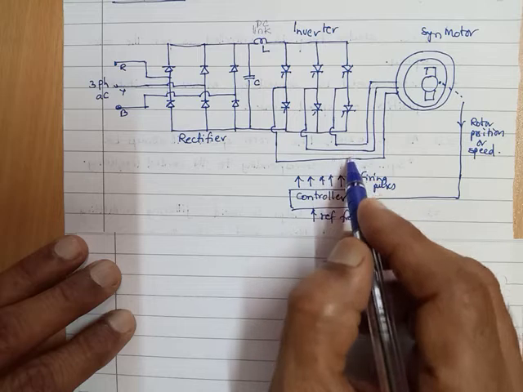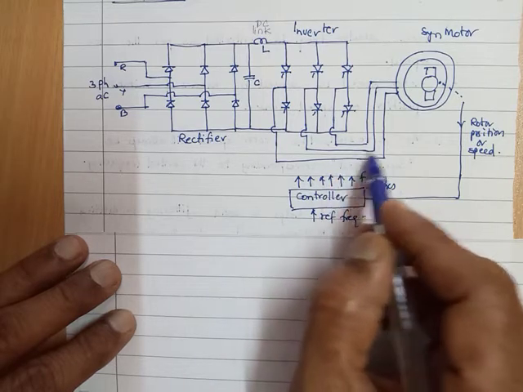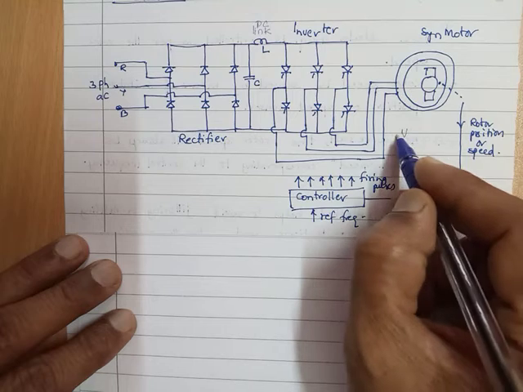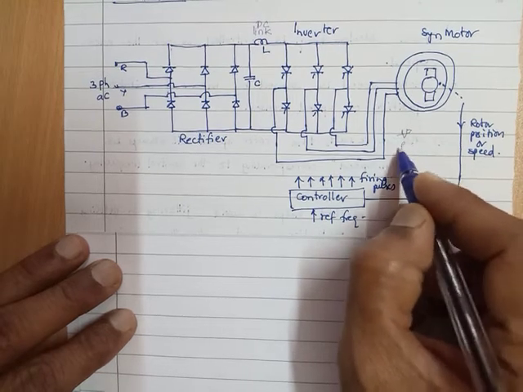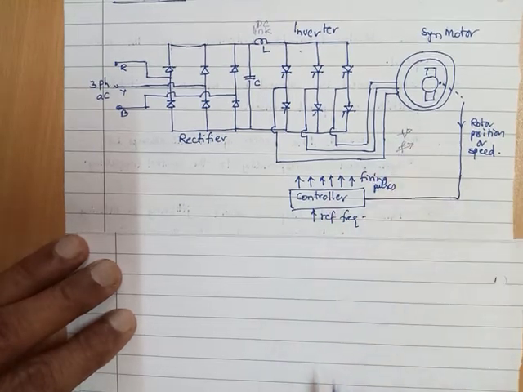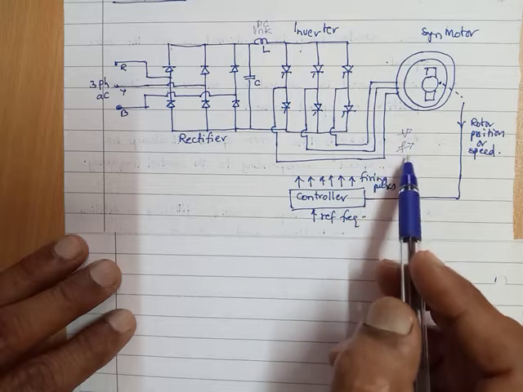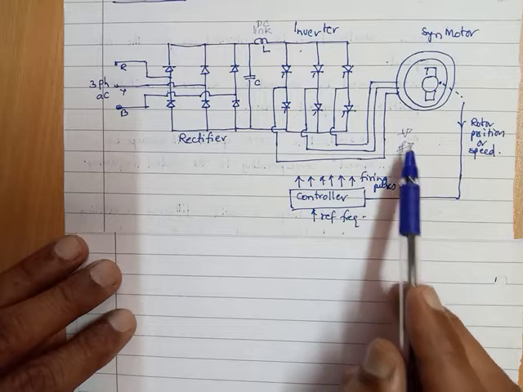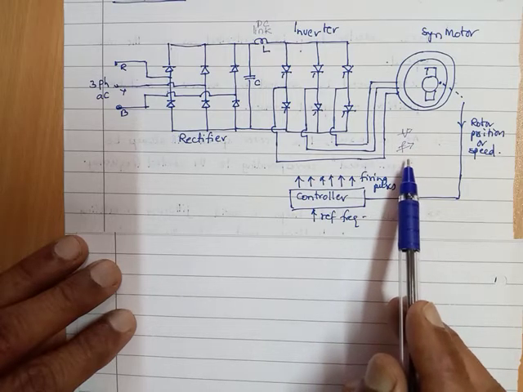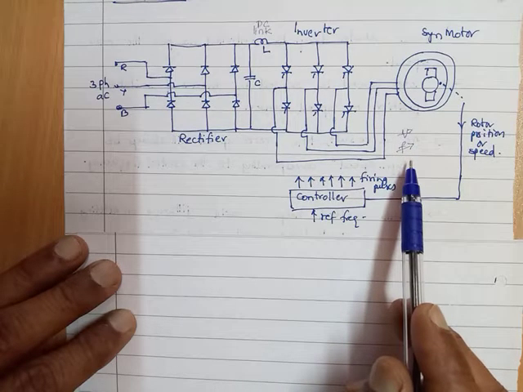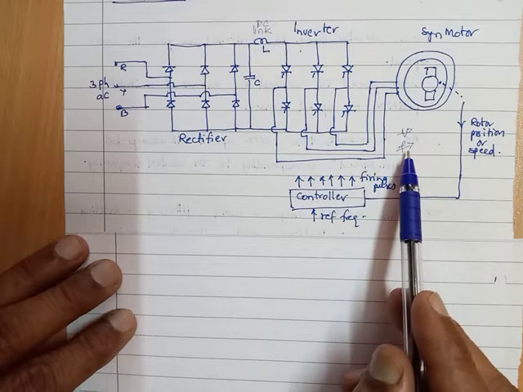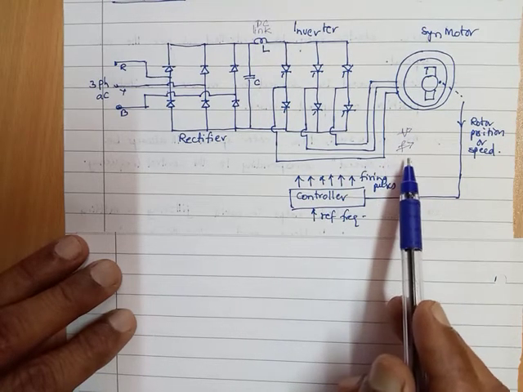So the AC we get is AC with variable voltage, variable frequency, the ratio V by F remaining constant. You remember earlier we discussed this: V by F is to be maintained constant to get the flux constant, thereby maintaining the torque constant.